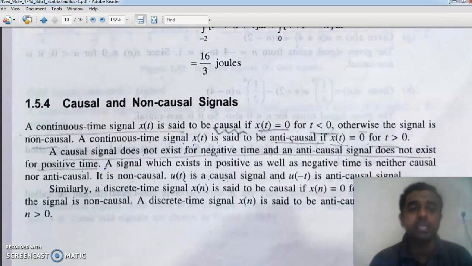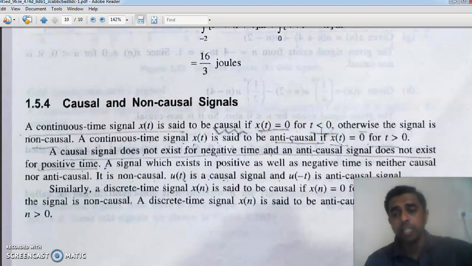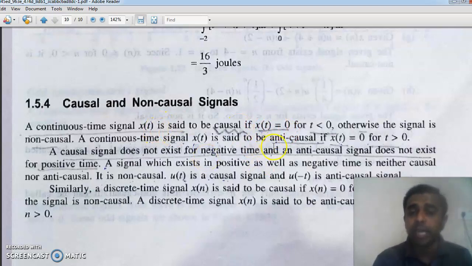signal. What is a causal signal? A causal signal, if x of t is causal, is having 0 value for t less than 0. For negative values of time, you have signal value 0. Okay, that is an example of a causal signal in the continuous domain. And what is an anti-causal signal?